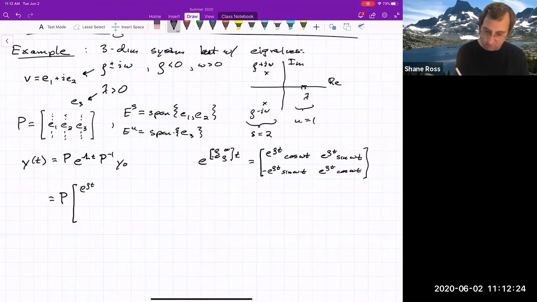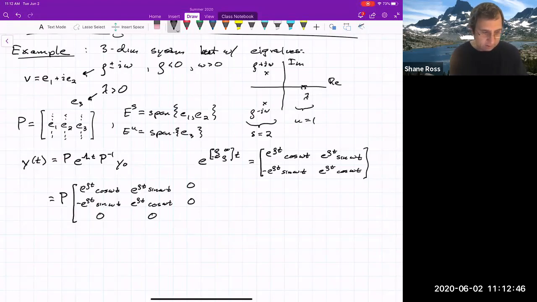I'll just rewrite what I've got over there: e to the rho t sine omega t, minus e to the rho t sine omega t, e to the rho t cosine omega t. And then the third entry, in this little empty spot, is e to the lambda t. And then this is P inverse lambda naught.